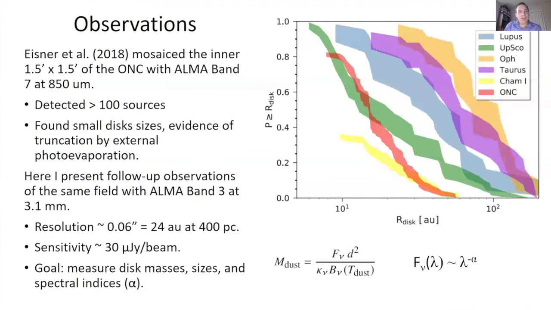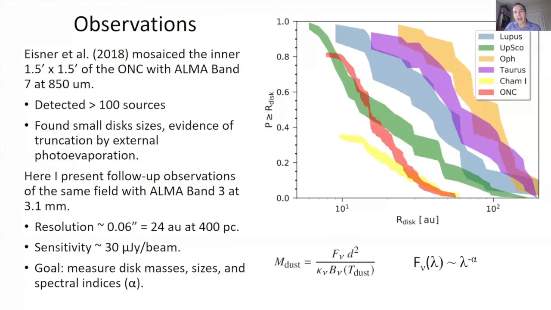So the story starts a few years ago when Josh Eisner led a program to mosaic the inner 1.5 by 1.5 arc-minute region of the ONC with ALMA at band 7, so that's at 850 microns. They detected over 100 sources, and one of their main results is that the disk sizes were quite small.